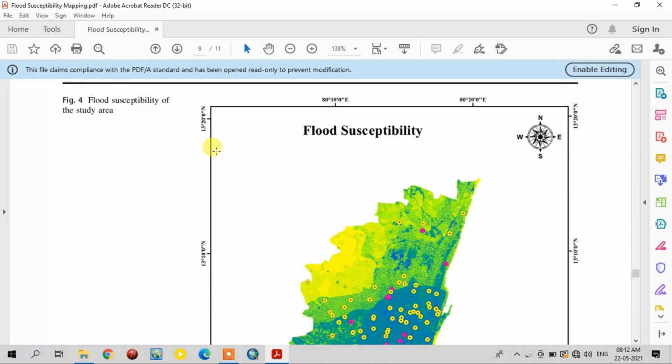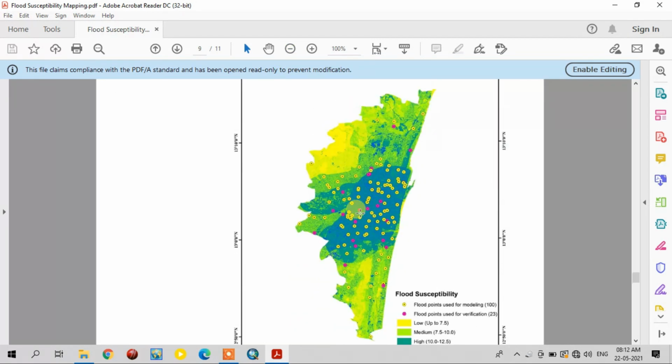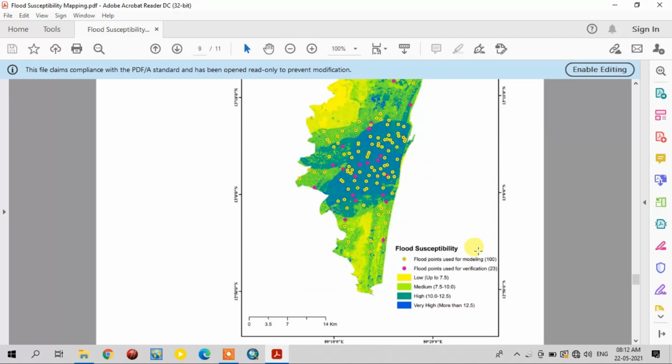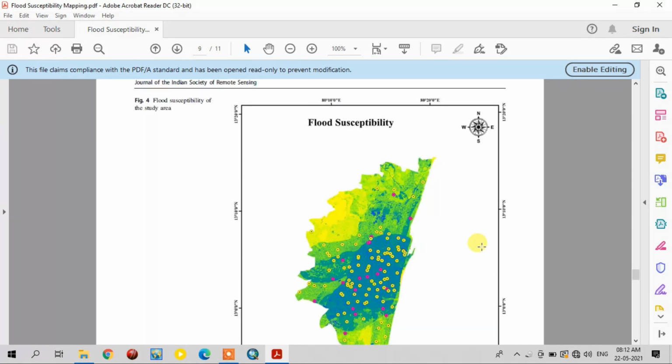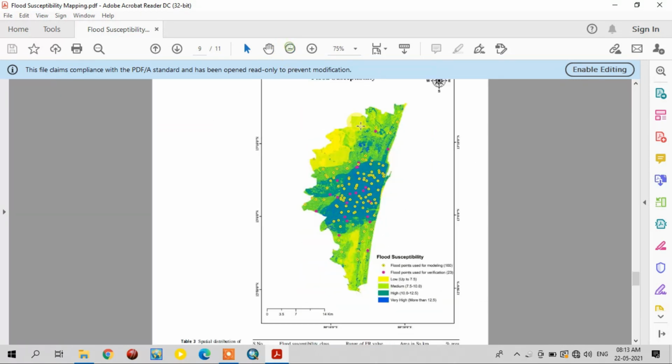After the integration of flood frequency ratio values, we can get this final output. The integration is done using ArcGIS. See, flood susceptibility mapping zones show the flood vulnerable areas.